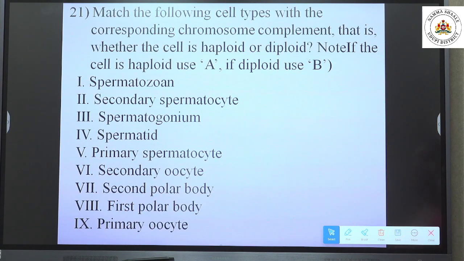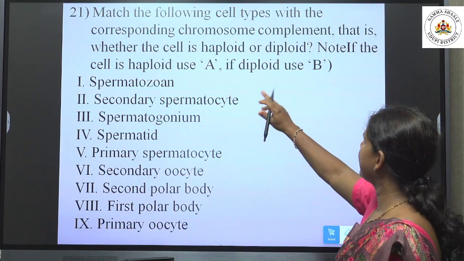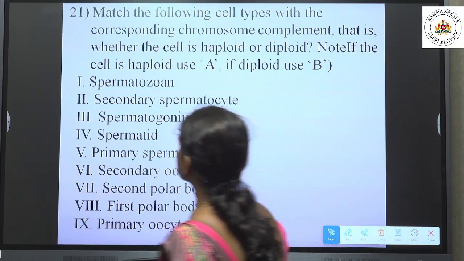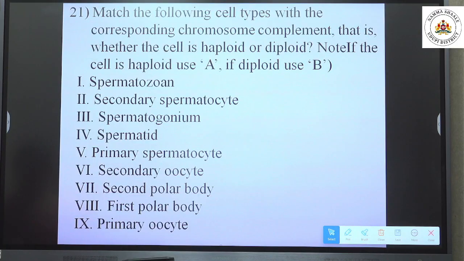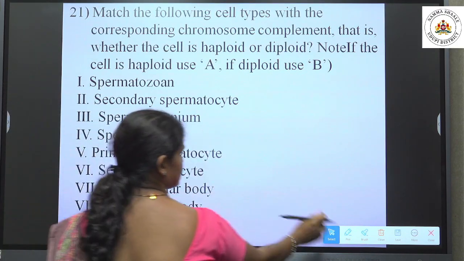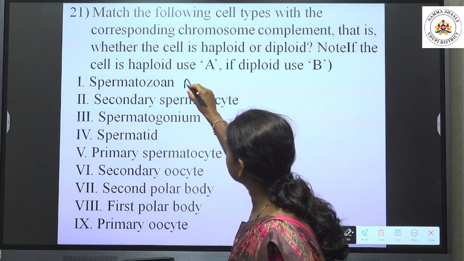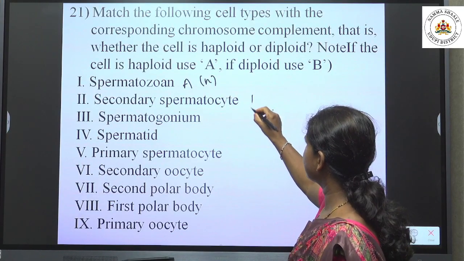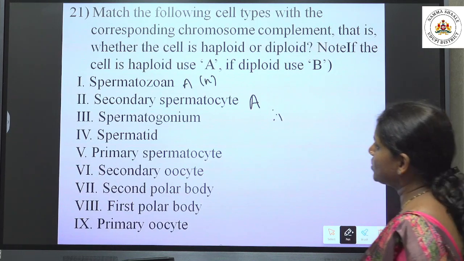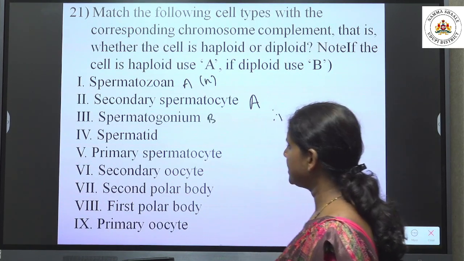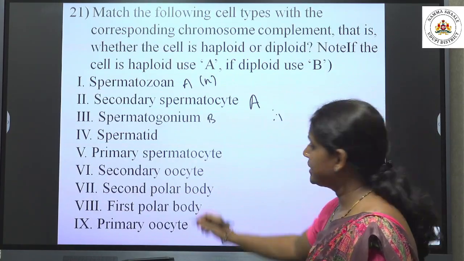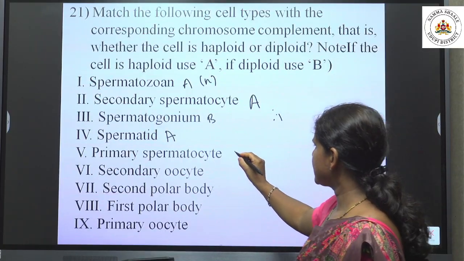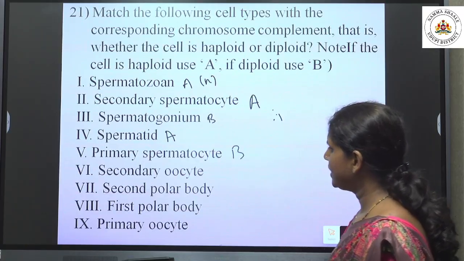If the cells are haploid, give A, and if diploid, write B. Spermatozoa are haploid, that is A. Secondary spermatocyte is also haploid, A. Spermatogonium is diploid, B. Spermatids are haploid, A. And primary spermatocytes are diploid, hence B.